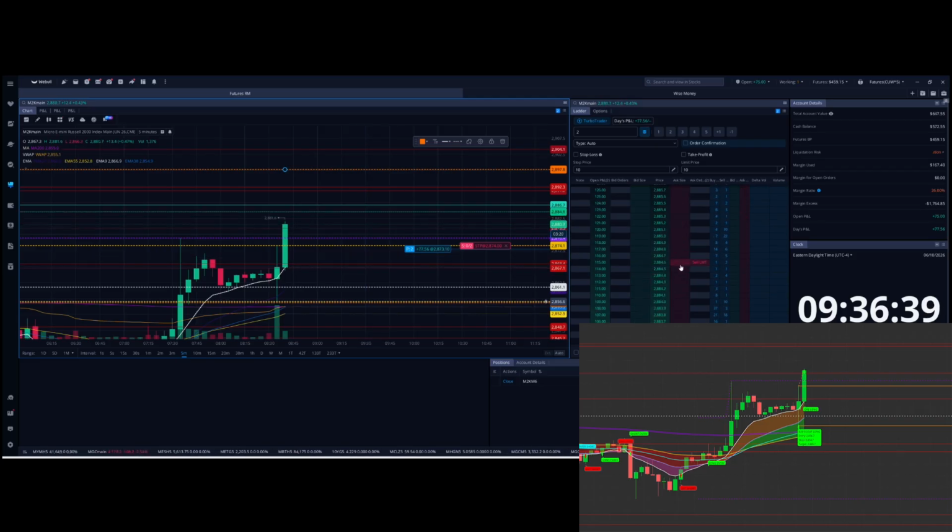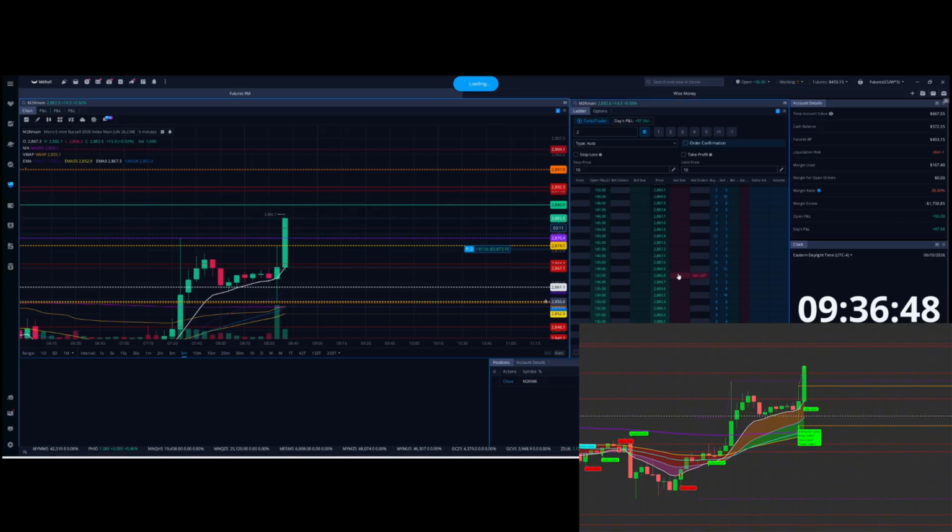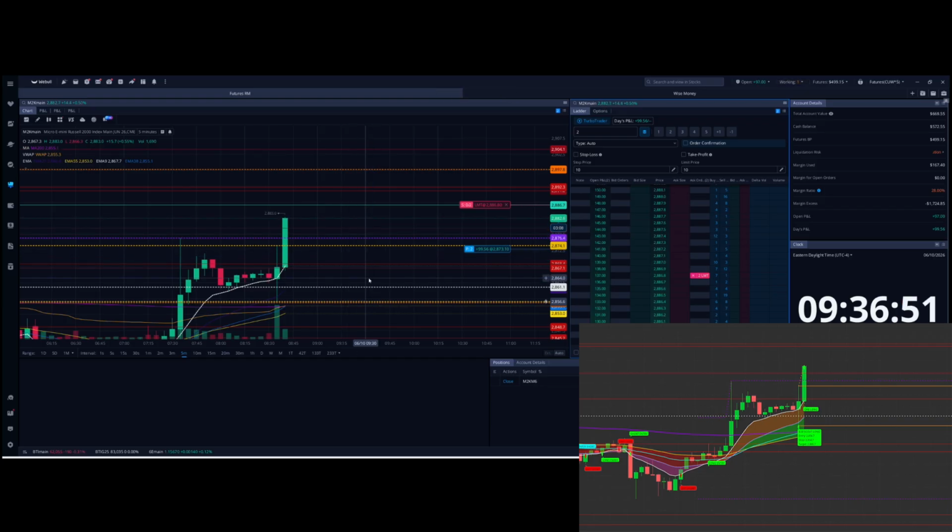Looking good. That's our target. Nice strong candle.